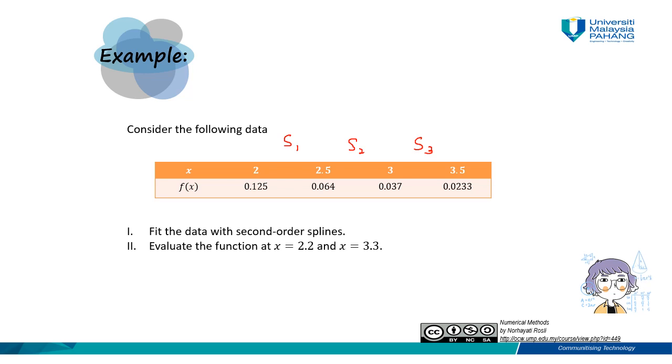The question asks you to evaluate x equal to 2.2. 2.2 is in between 2 and 2.5. While for x equal to 3.3, this one is in between 3 and 3.5. So let's go to the solution.